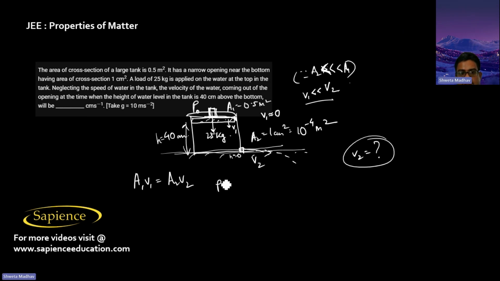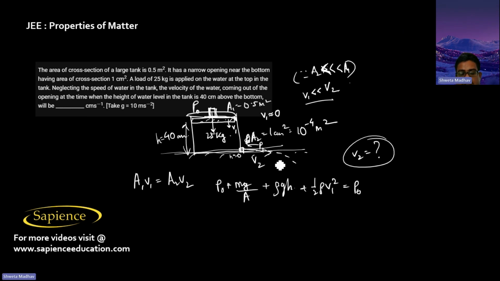Now we can use P naught plus the pressure, which will be mg by A, plus rho gh, plus half rho V1 square, that is equal to, here also P naught will act, the atmospheric pressure which is outside.